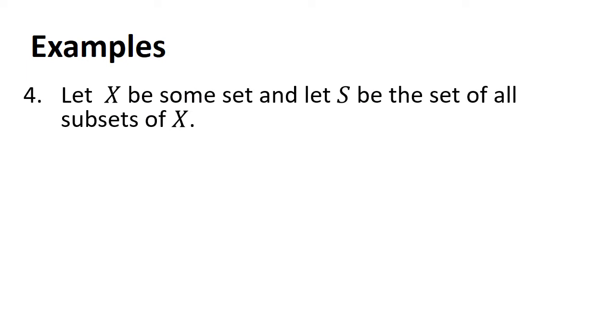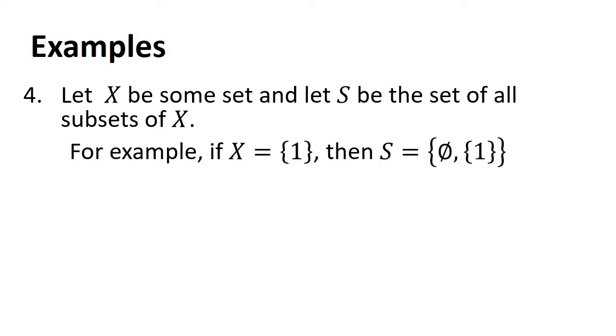Okay, fourth example. Let X be some set and let S be the set of all subsets of X. For example, if we let X be the set of 1, then S is equal to the null set and the set of 1, because as we all know, a null set is a subset of all sets, right?